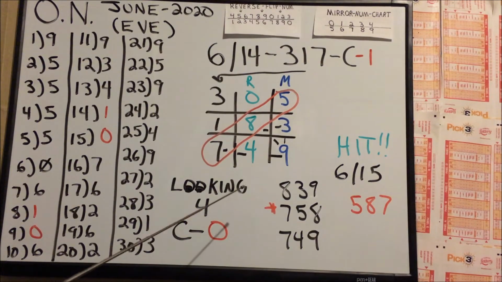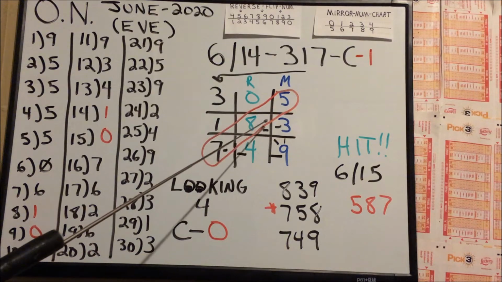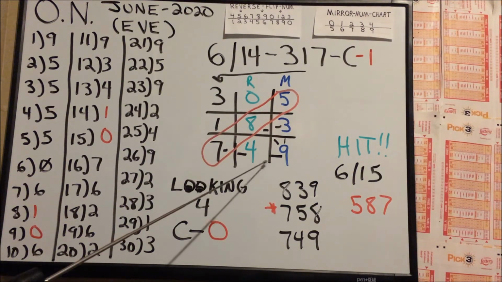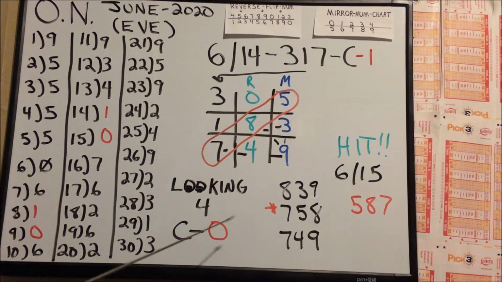And this is what I found. 839, and we know that the numbers have to be touching. 758 and 749. Okay, so out of 22 combinations from column 0, those were the only 3 combinations I could find in this tic-tac-toe workout. So if I was going to use this, I definitely would have played all 3 of these combinations, probably more than 2 times.